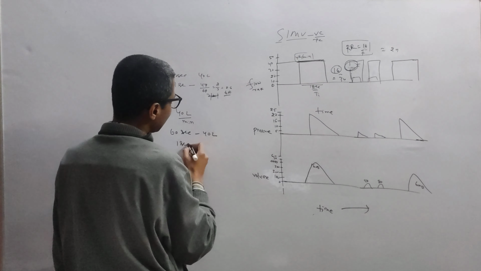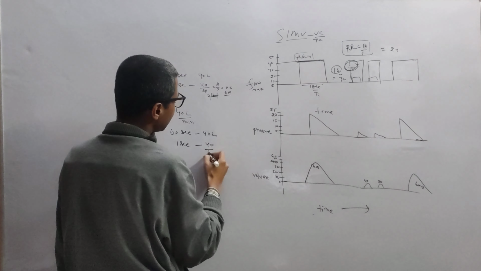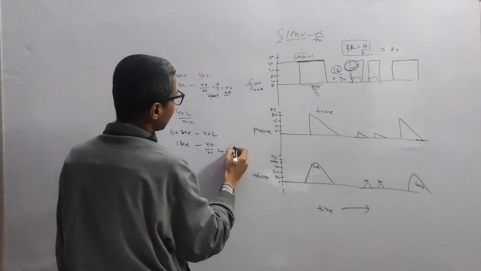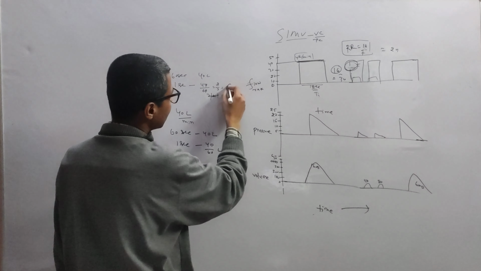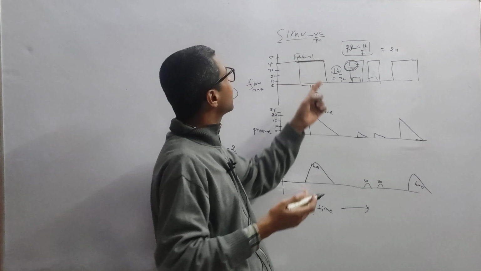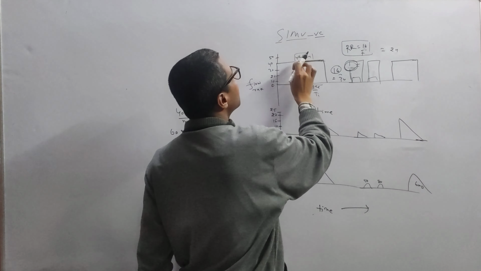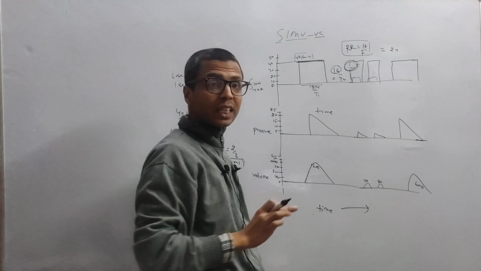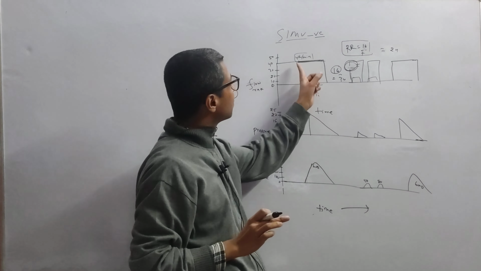So in 1 second it will give 40 by 60 liter, 2 by 3, about 600 ml. What is this? Volume. So flow is volume. So volume is constant. So this is the SIMV VC mode, because volume is constant here.